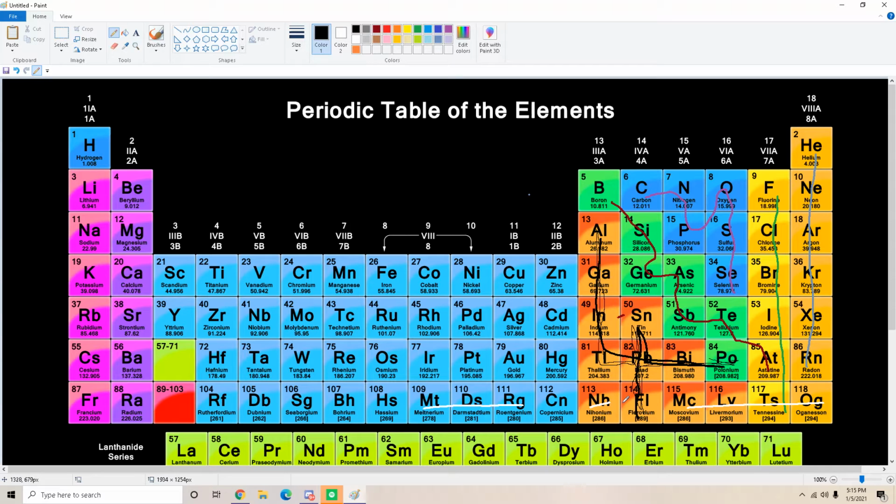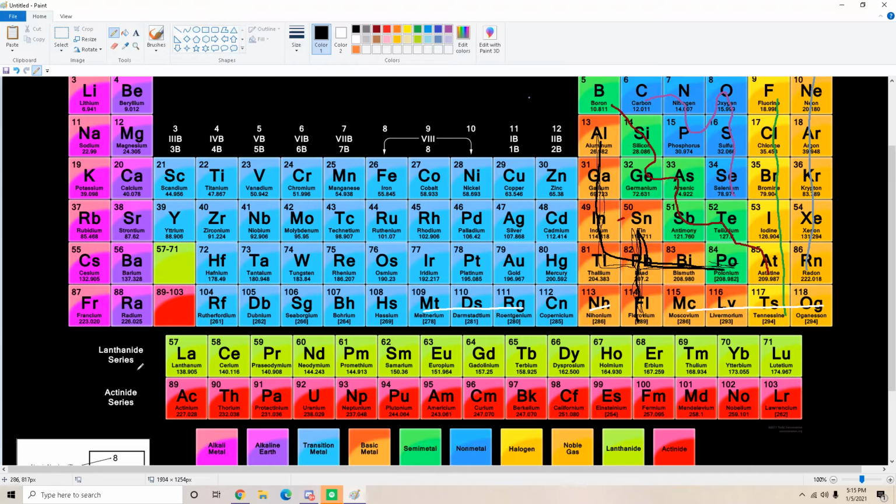They are mostly known as poor metals, which means they are softer than transition metals. You can see these are lanthanide metals at the bottom, this green thing right here. They are all metals that are found naturally in the earth's crust, but they're very rare. It's going to be rare to get these metals.